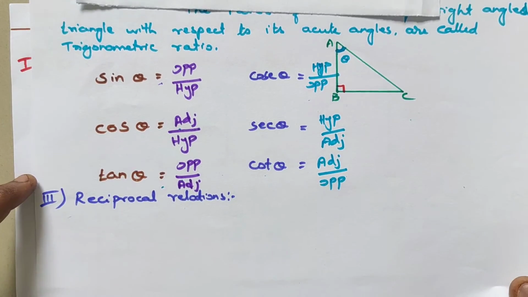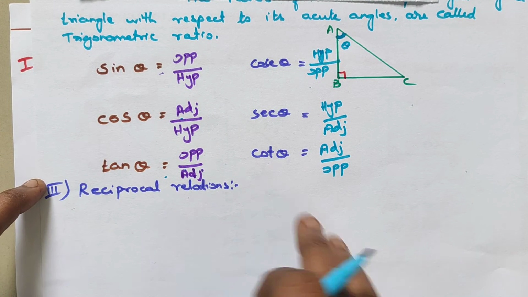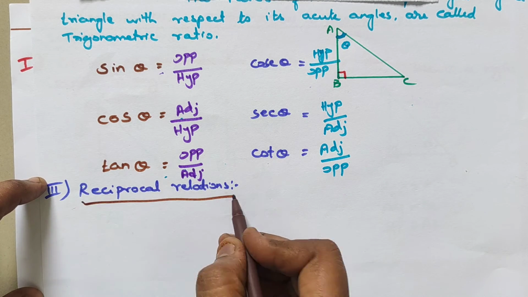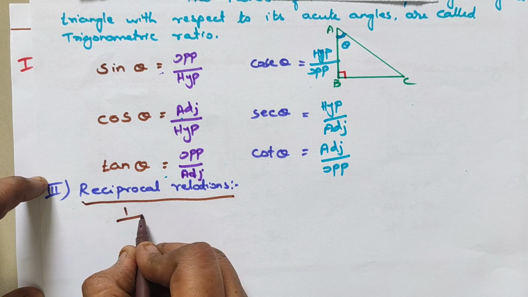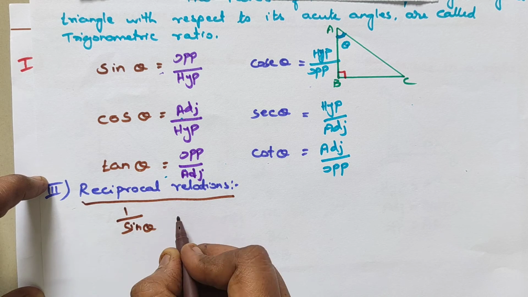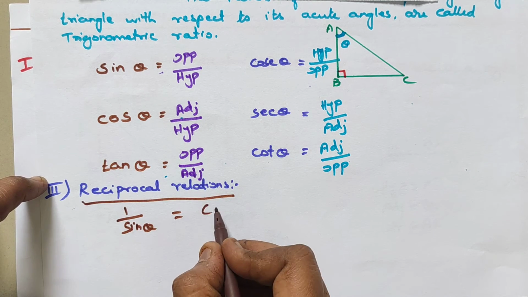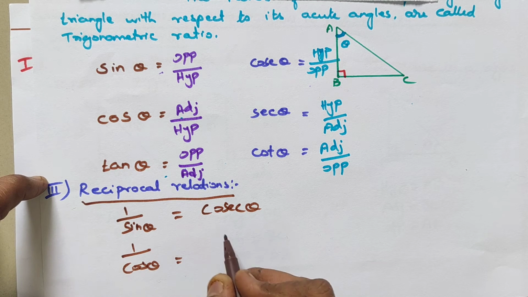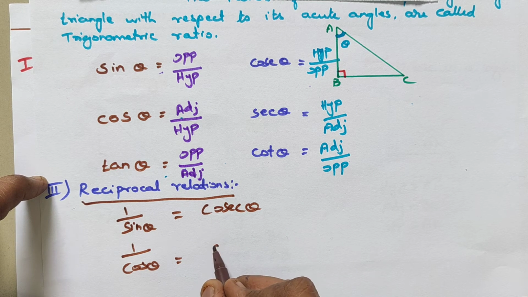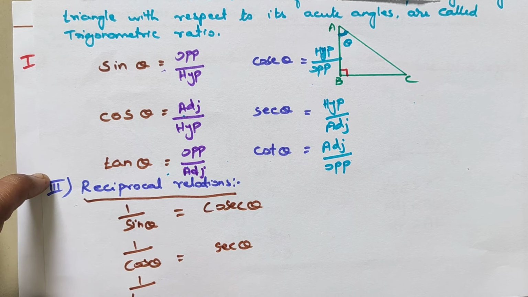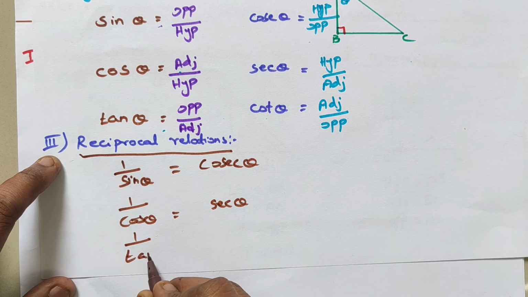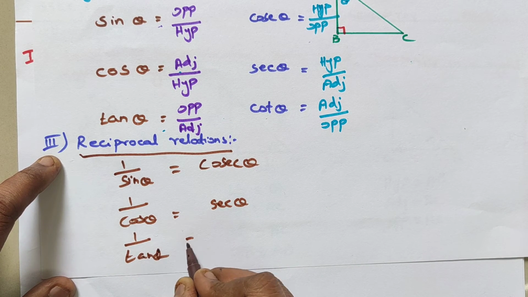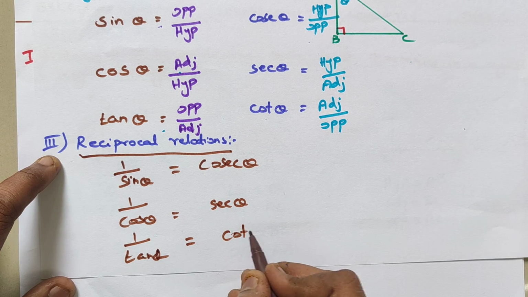Next, the third important point: the reciprocal relations. As I said before, for sine, 1 by sin theta is cosecant theta. Same way, 1 by cos theta is equal to secant theta. 1 by tan theta is equal to cot theta.